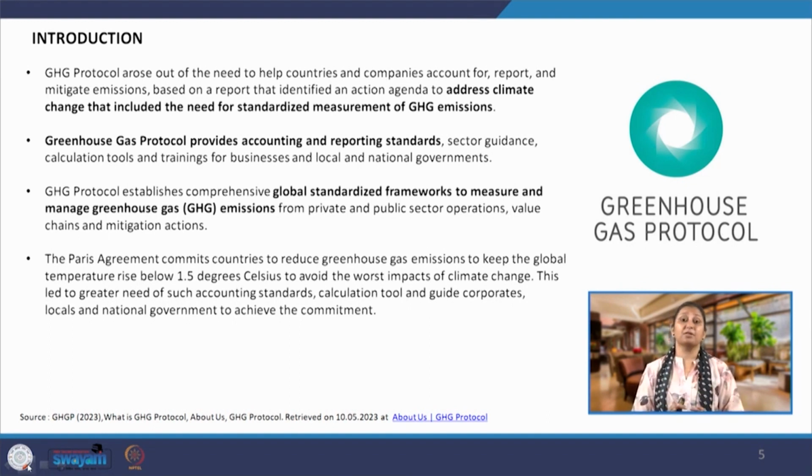Today we do not have a binding mechanism or a framework which asks companies or the world to reduce their greenhouse gas emissions by a certain percentage, but voluntarily, as part of the Paris Agreement, which we have already seen, countries, the parties, are agreeing to become net zero or to reduce their emissions by a certain percentage. To fulfill this target which the parties have set for themselves, we have to measure the emissions that have been reduced.